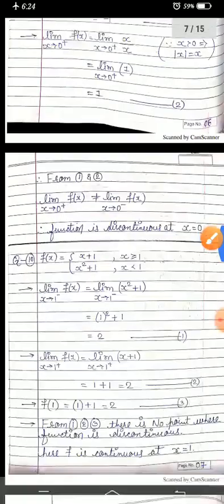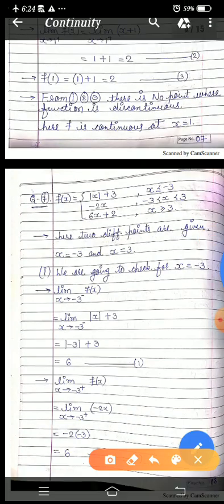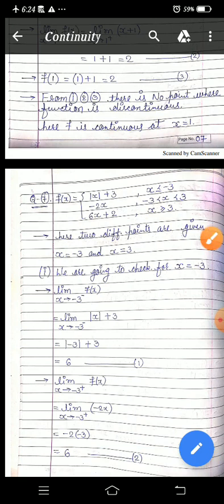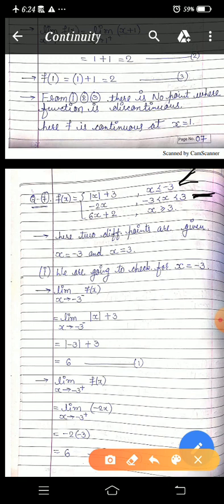But now in this question number 7, we can easily see that more than one point is given to you. That means the value of the function is given first for x less than or equal to minus 3. The value of x in between minus 3 and plus 3 is also given. And whenever x is greater than or equal to 3, that is also given.